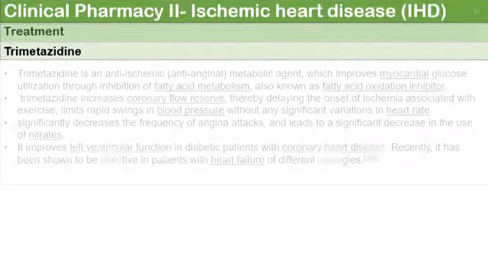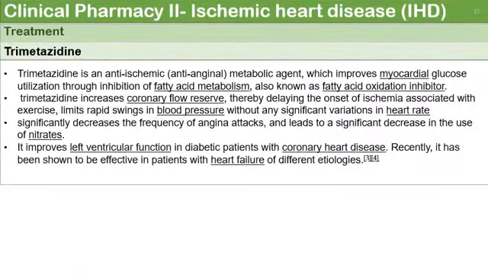The third line agent is the first anti-anginal anti-ischemic agent or metabolic agent, which is called trimetazidine, that improves myocardial glucose utilization through the inhibition of fatty acid metabolism, or it's called fatty acid oxidation inhibitor.